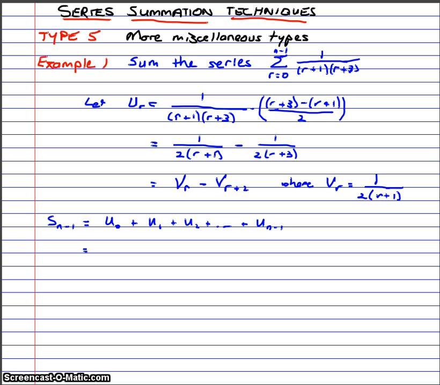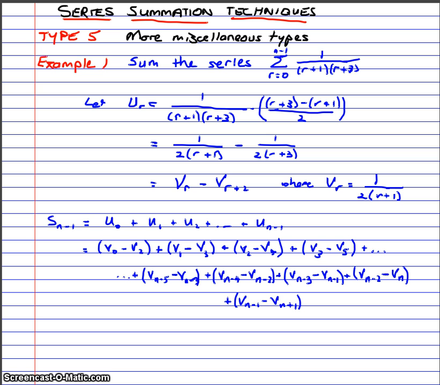We can now substitute because u0 will be the same as v0 minus v2, plus v1 minus v3. You can see that I've quickly put in a bunch of others here. Now you may not necessarily need to put in so many of these. I've done it simply so that you can see what needs to be cancelled, and it can be a little bit tricky to see what needs to be cancelled.